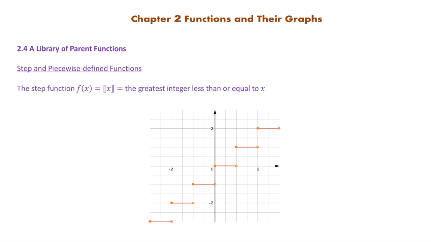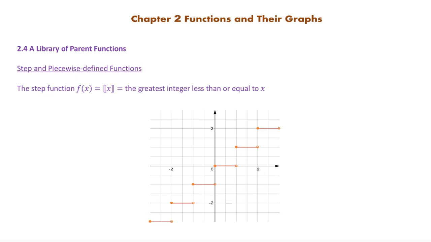So when you pick x values from 0 to 1, you get all the function values equal to 0. So you just get a horizontal line on the x-axis from 0 to 1.